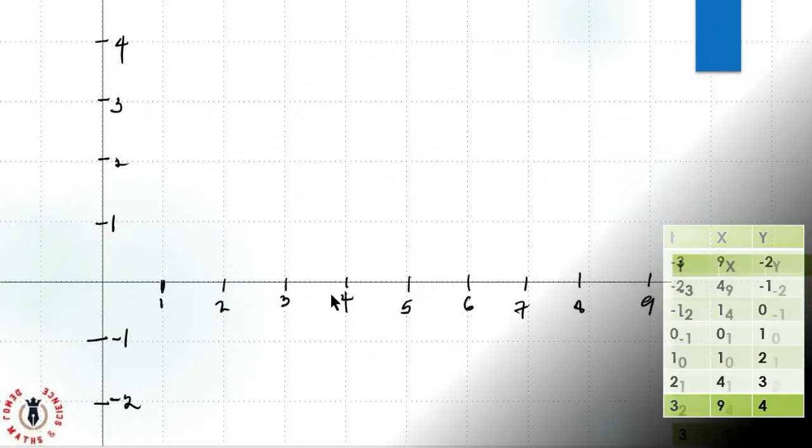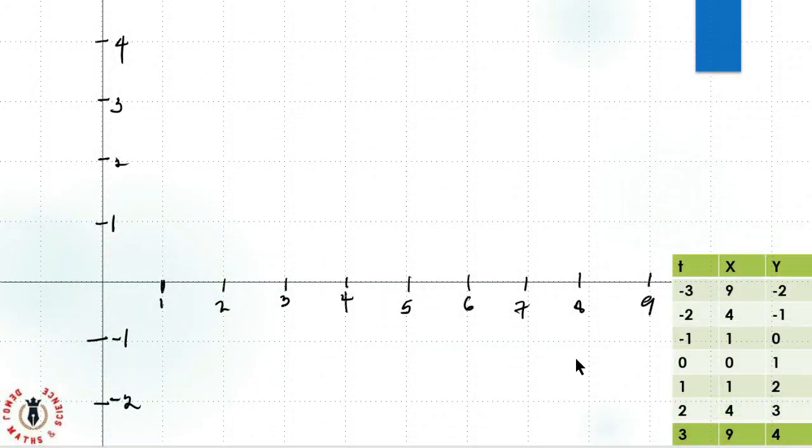I have just tried to scale my chart so that we can use this to plot the graph. Here is my x-axis, and here is my y-axis, and obviously here is the point 0 where both x and y are 0.